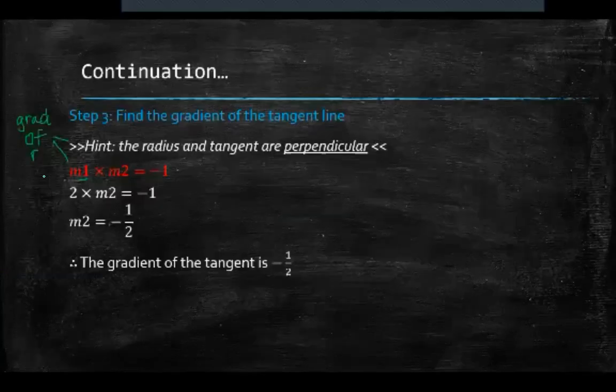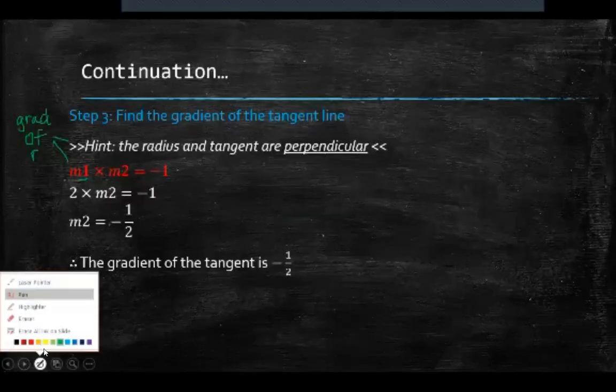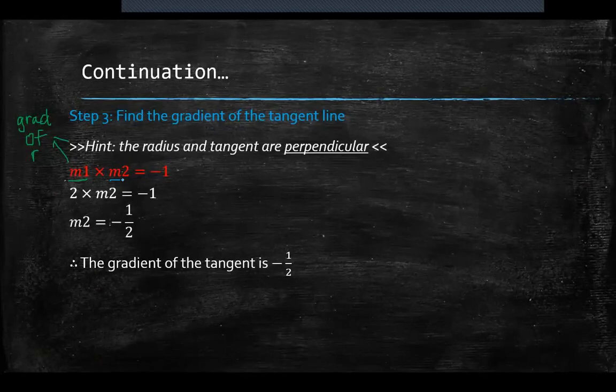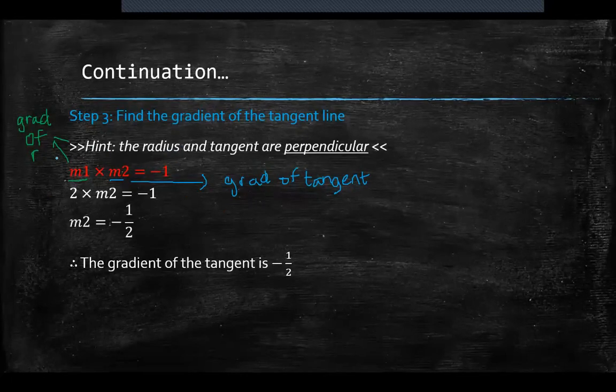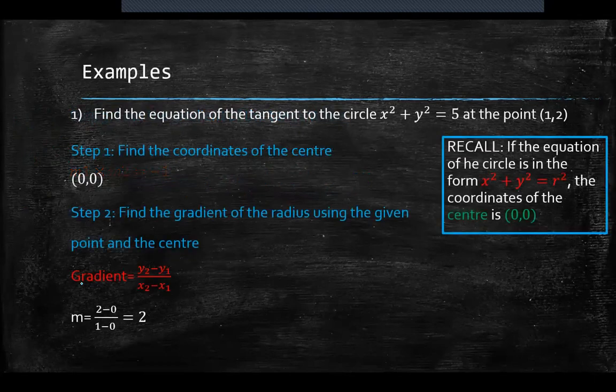M2 would be the gradient of my tangent, we'll just put grad of tangent. And since they are perpendicular, the product of their gradients would give me -1. We found out before, just now, and just go back, that the gradient of the radius is 2.